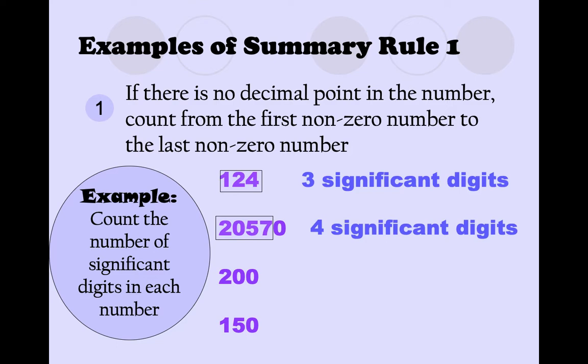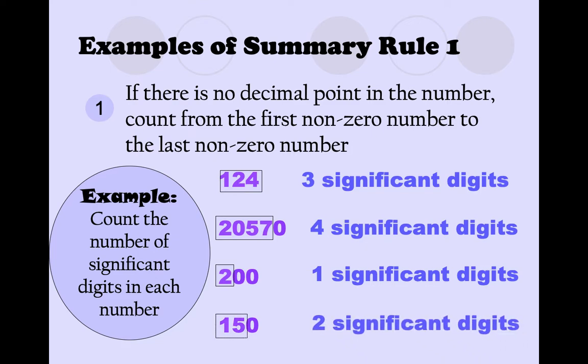So that last 0 I am ignoring, which is how I get to 4. For 200, I'm only counting the 2. There's no decimal point, so the 2 is my first and last non-zero, so that's how I get to 1. And the last example, I start at the 1, go to the 5, and I get 2 significant digits.